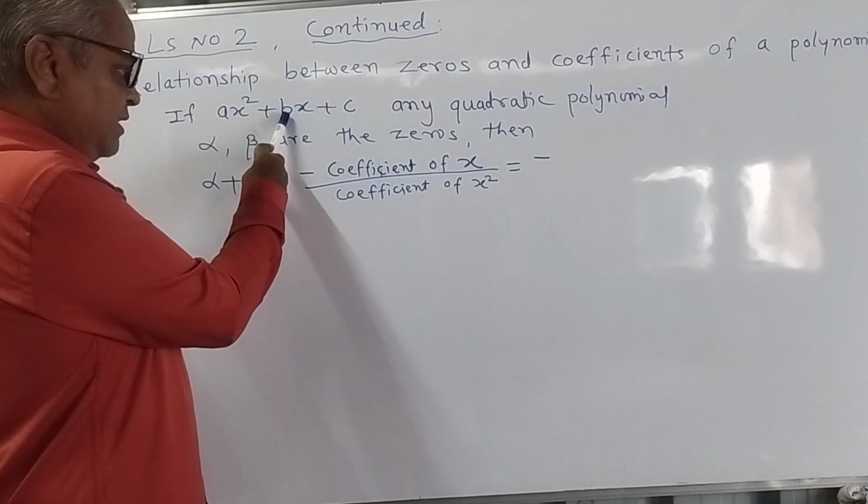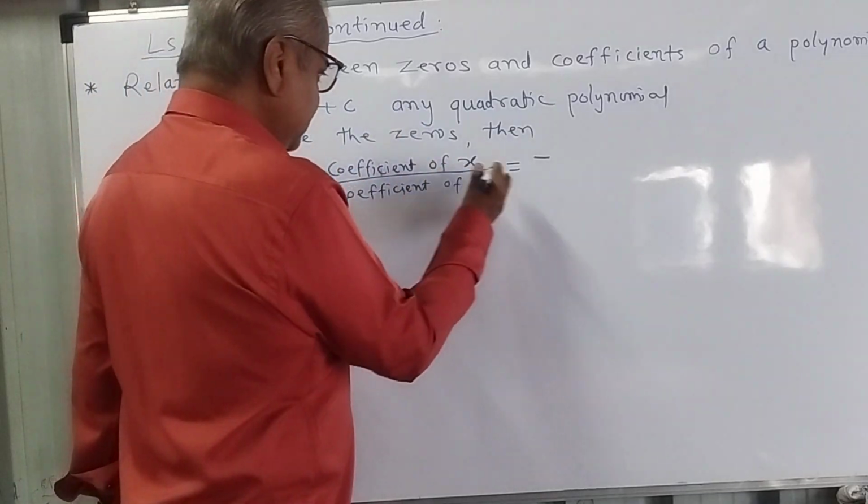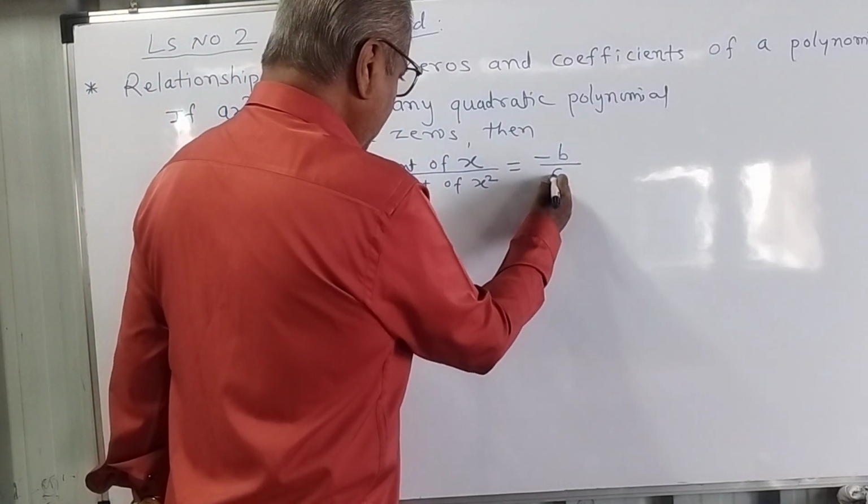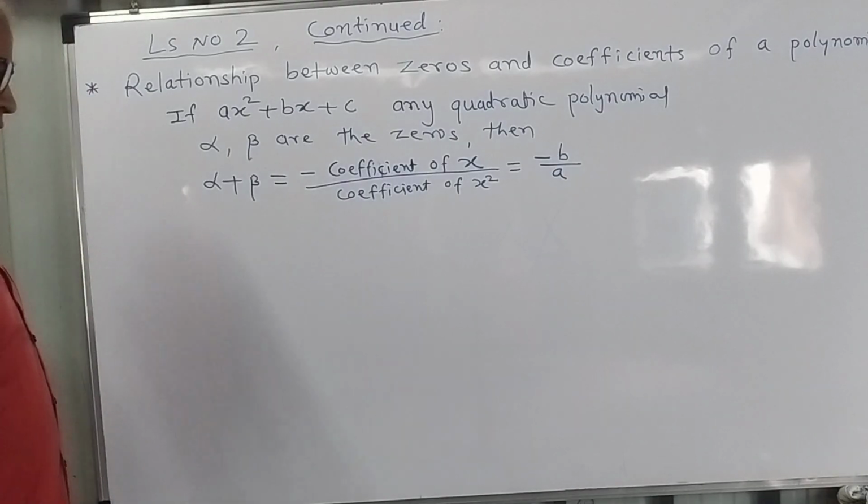We can see it is b, so minus b upon a. So this is the sum of the zeros.